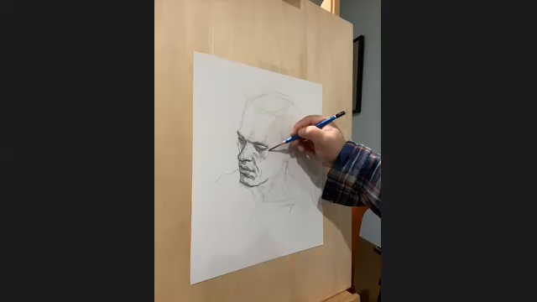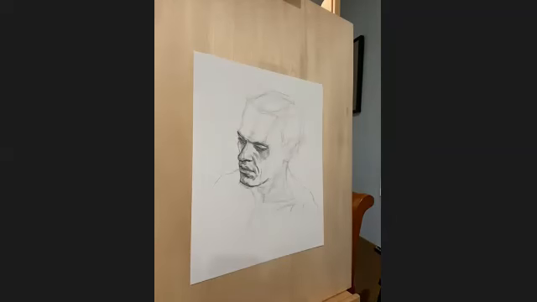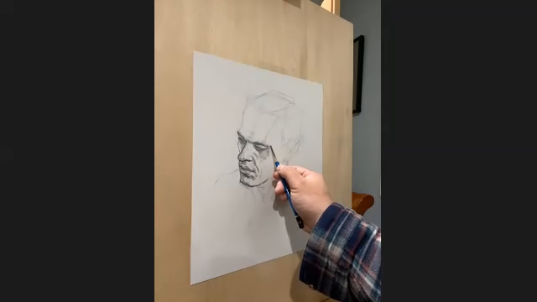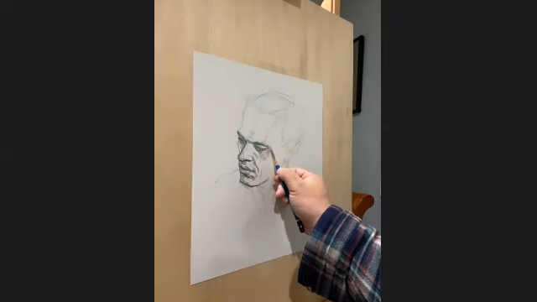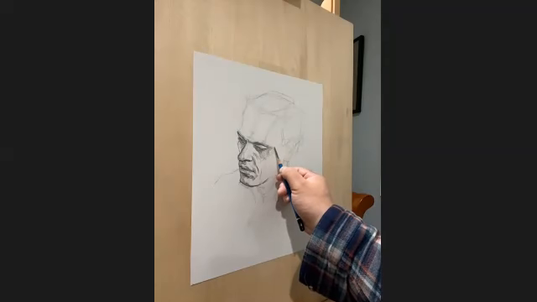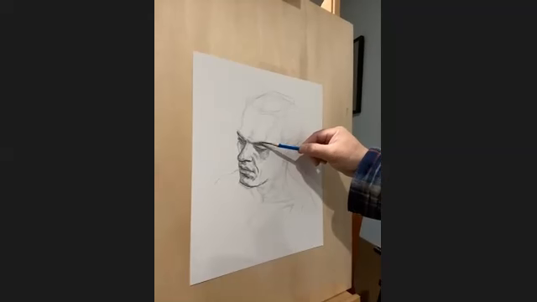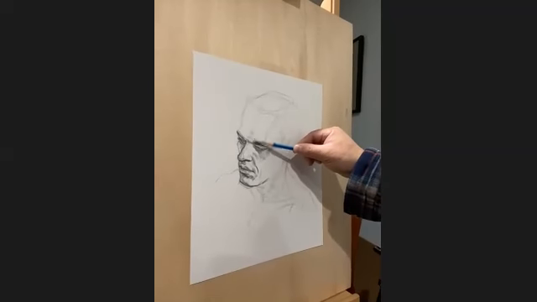So now I'm doing the folds. They look like small lines, but you need to understand that each part has a certain thickness and width, so that I can draw detail. Now I'm working more on the forehead, so I can draw the folds.